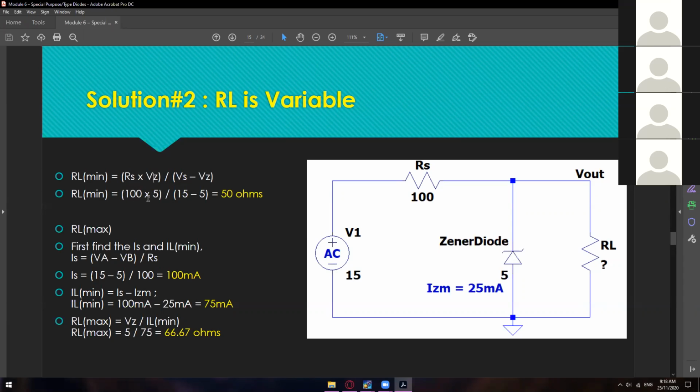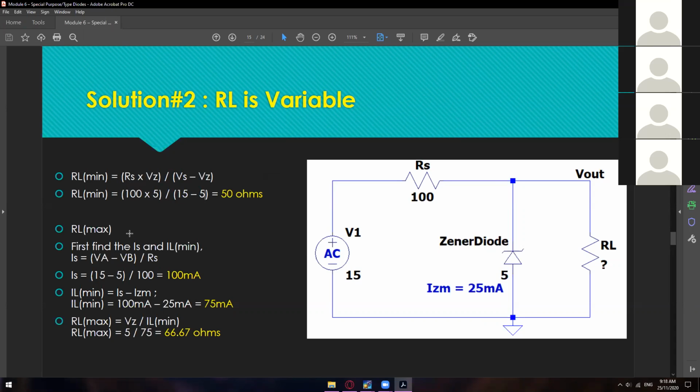RS is 100, and VZ is 5 volts, divided by VS, which is 15 volts, minus VZ, 5 volts. So our minimum load resistance is 50 ohms, wherein this will still operate under the Zener breakdown voltage.